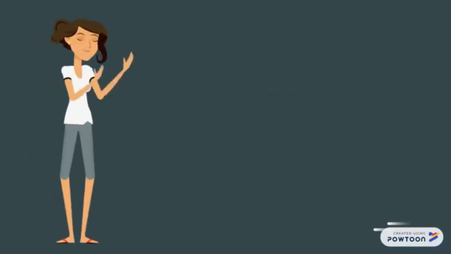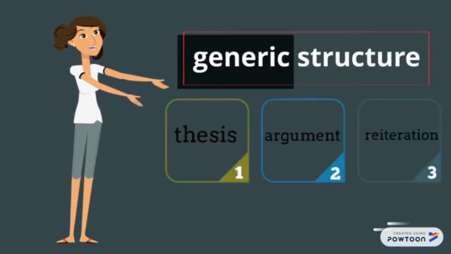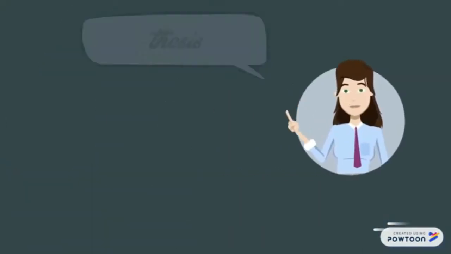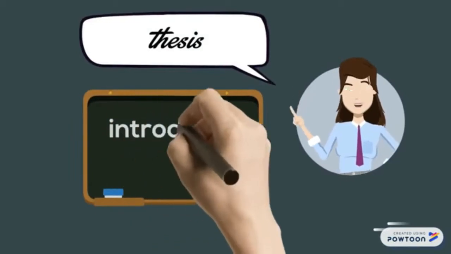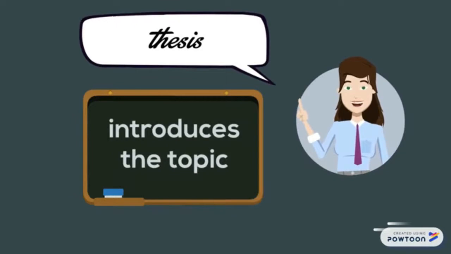Now this is the point. Every text must have generic structure. Those are: first, thesis; second, argument; and third, reiteration. Let's start with thesis. Thesis contains the writer's opinion about something.